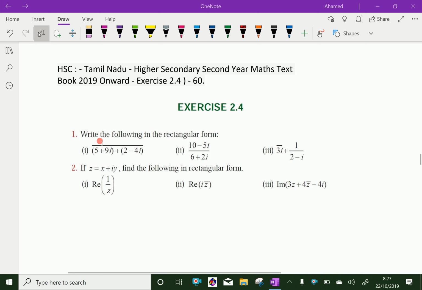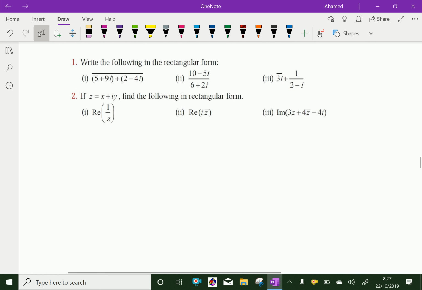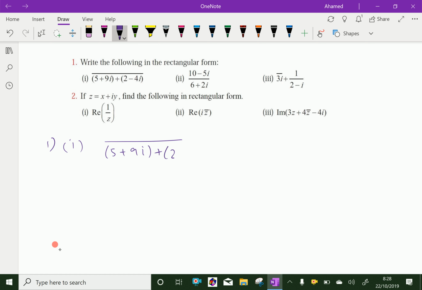Write the following in the rectangular form. First one, conjugate is given of the complex number 5 plus 9i plus 2 minus 4i.